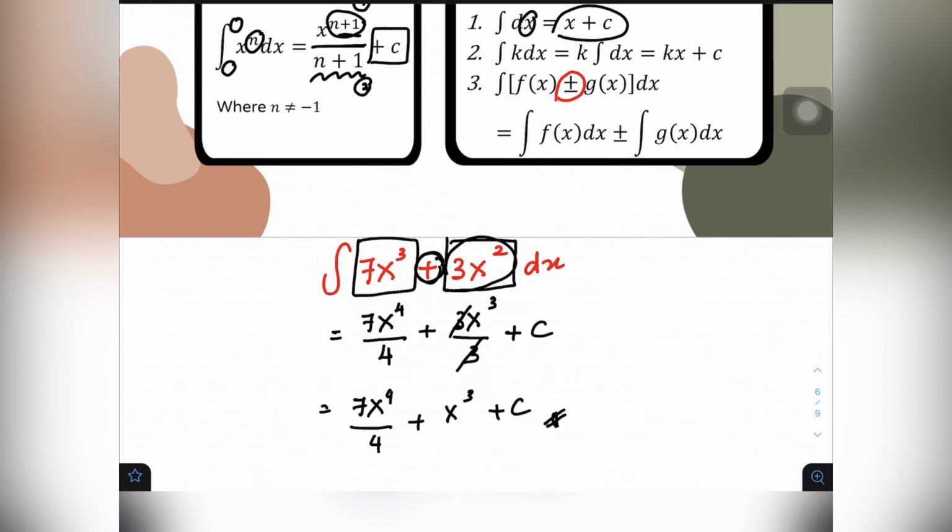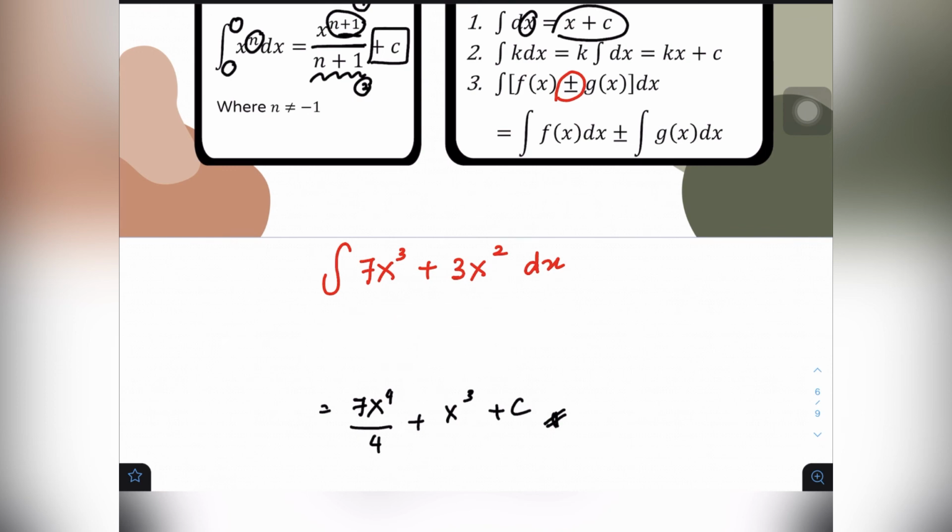That is one way. Another way is to separate both functions. For example, you have to integrate 7x to the power of 3 plus 3x to the power of 2 with respect to x. You can separate these into two integrals, giving each function its own integral sign.